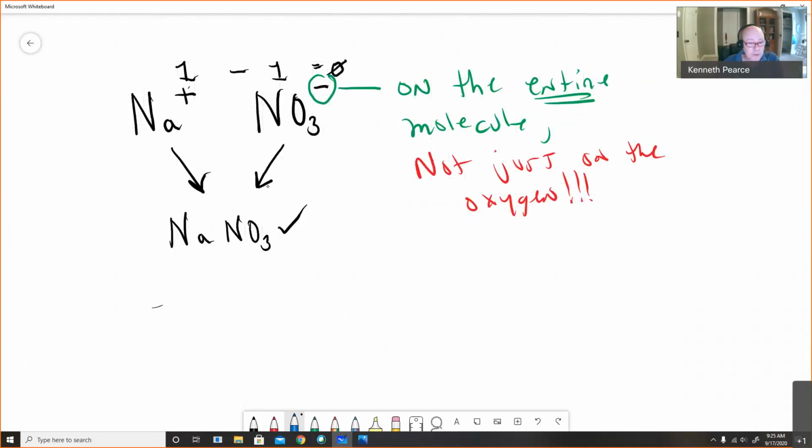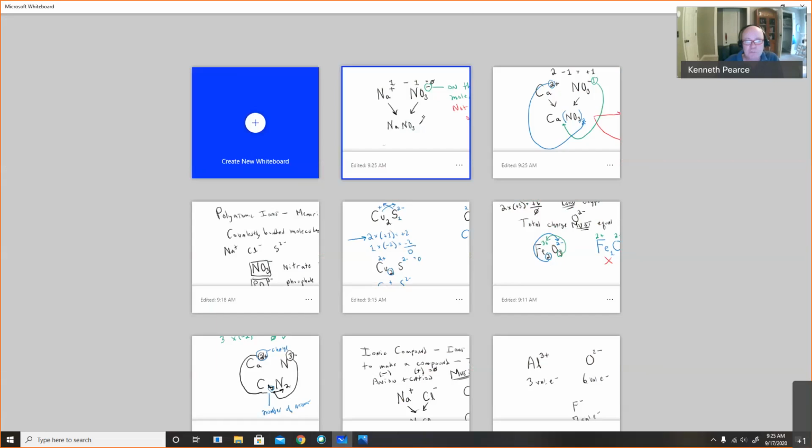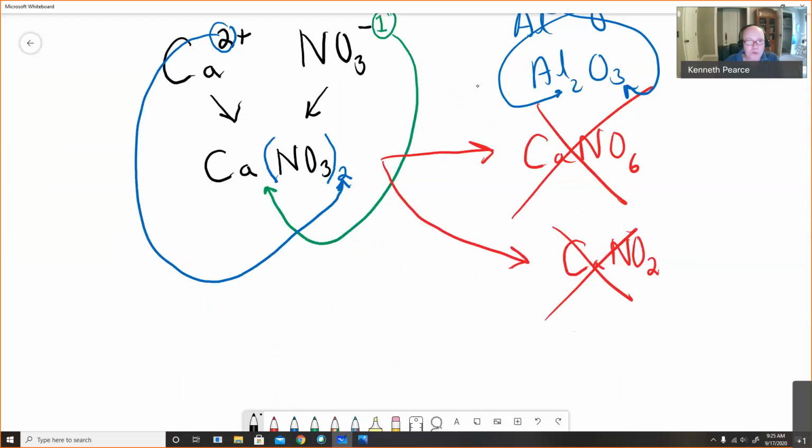And so we didn't have to put it in parentheses. So I don't want you putting this in parentheses just because. No, don't do that, okay? It's okay as it is to just leave it by itself like that. And so we have to make sure that if there's more than one, we put it in parentheses.